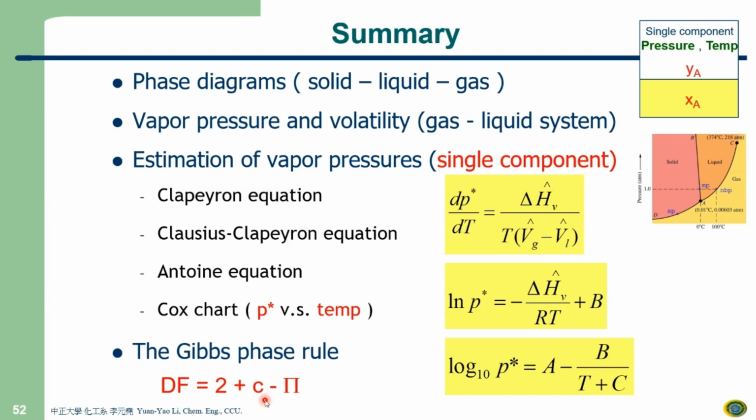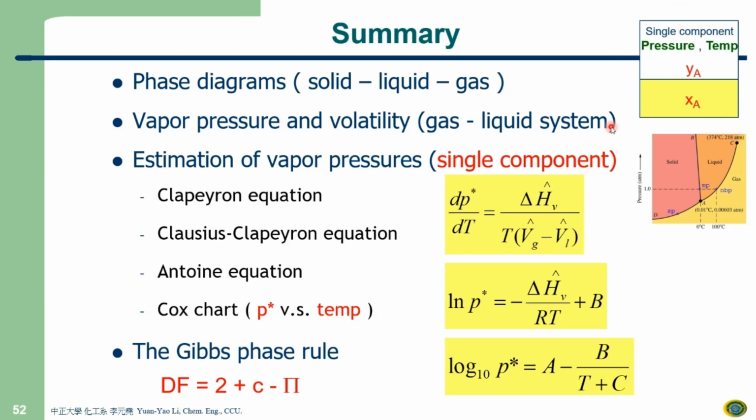What is C? Does anybody want to tell me the physical meaning of C? Raise your hand. 0.5. Yes. Substance. Not exactly, but anyway, I can give you a point. No problem. So C means how many species are in this system? Okay.